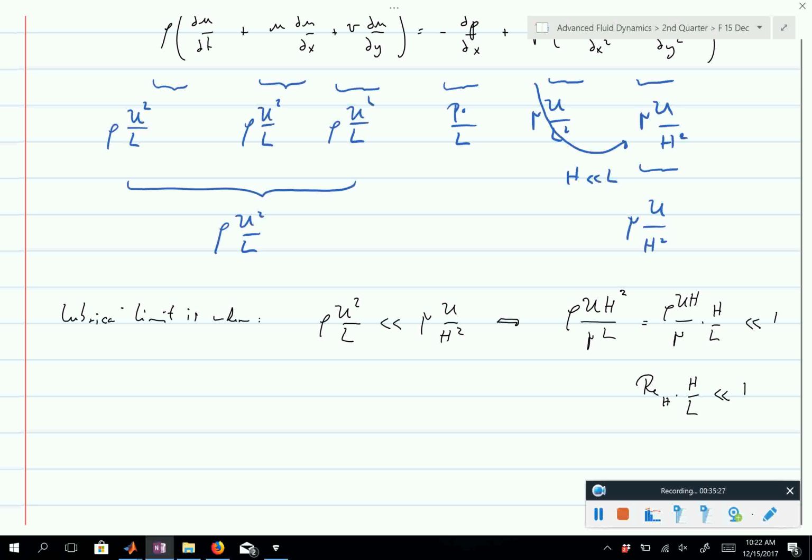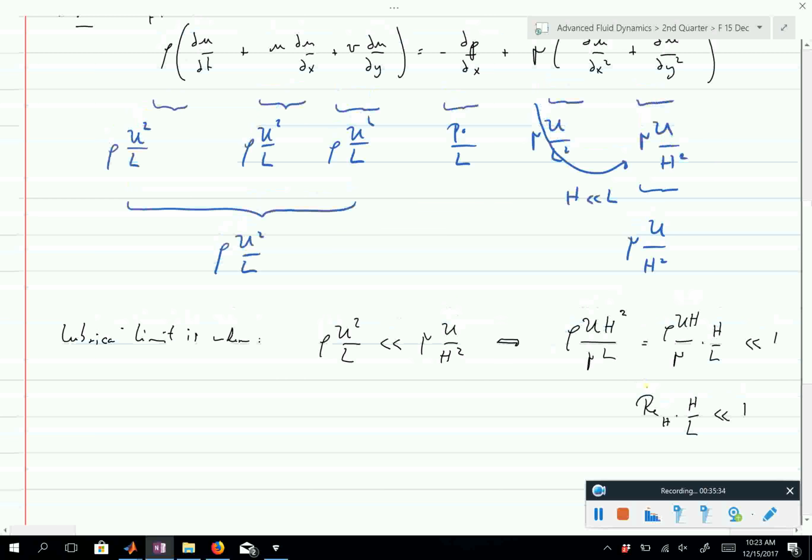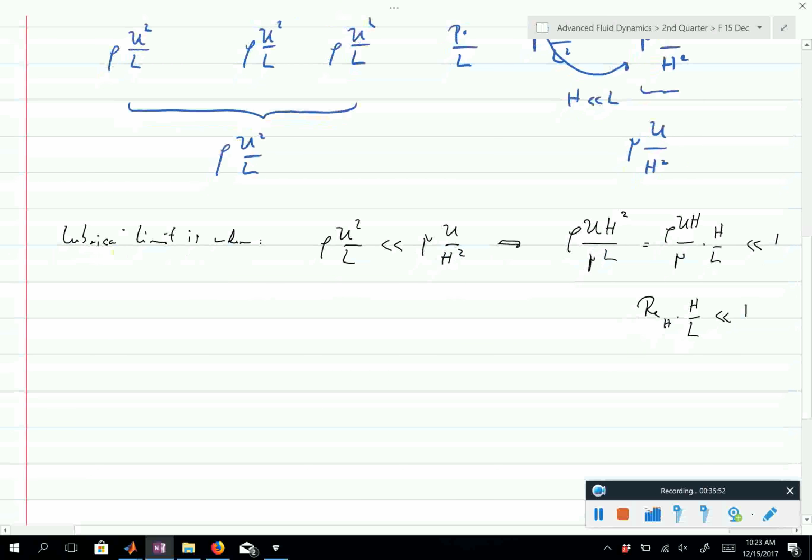And even though you have air, and the velocities are quite high, so you would think the Reynolds number is large, and if you computed the Reynolds number based on the longer length scale, it will be large. Even if you computed the Reynolds number based on h, the gap length, it might not be too small, but you have on top of that this factor h over L, which is really small. So the lubrication approximation in some cases is valid, even though you might think, well, it's air and it's moving relatively quickly.